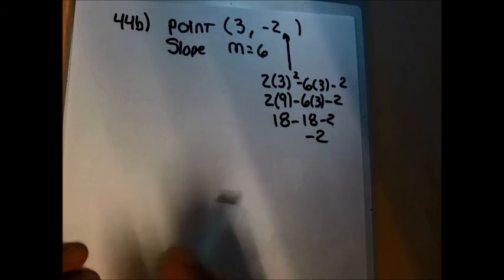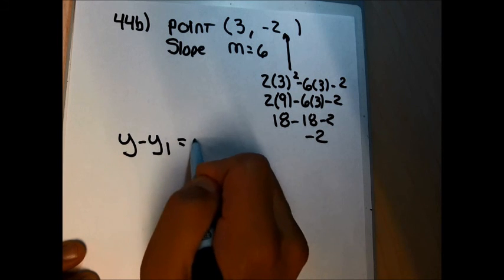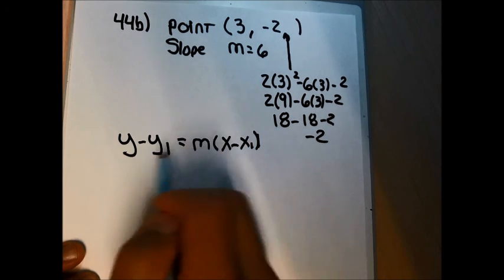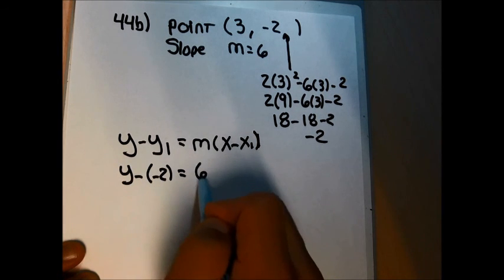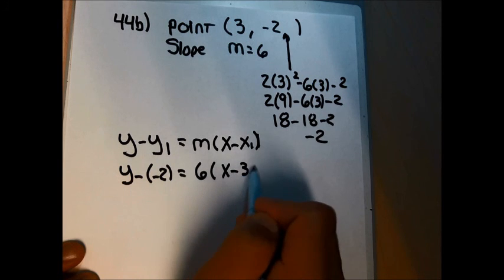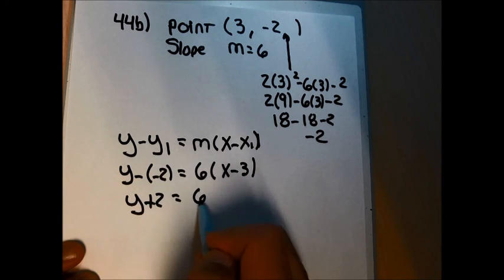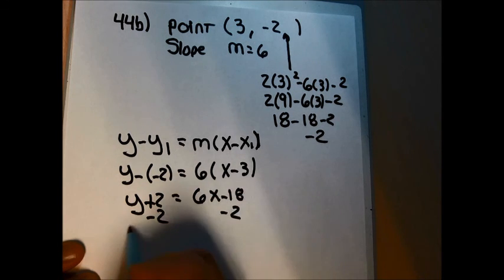Now I'm going to do my equation of my line. I'm going to go y minus y1 equals m times x minus x1. That's going to give me y minus negative 2 equals 6 times x minus 3. Gives me y plus 2 equals 6x minus 18. Then I go minus 2 minus 2.